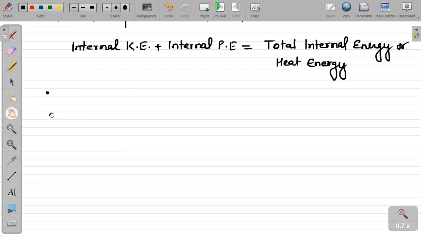Just underline the word latent or hidden heat because it is not manifested by any change in temperature. Why is it called latent? Because it does not lead to any change in temperature. ठीक है? This heat, when expressed for unit mass of a substance, is called specific latent heat.